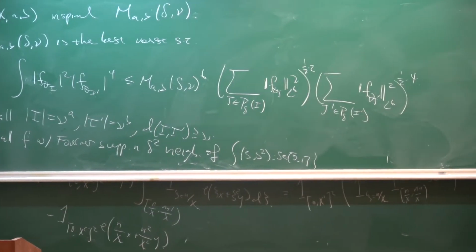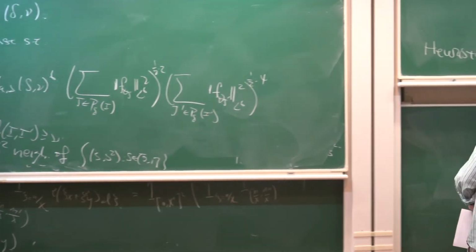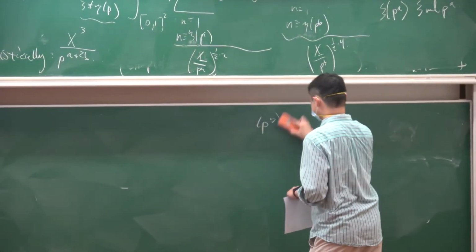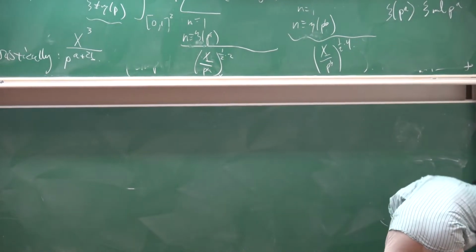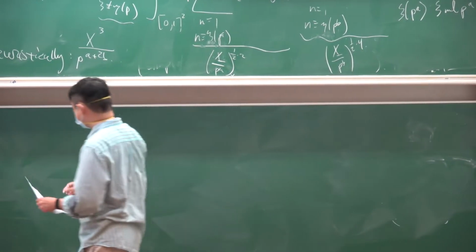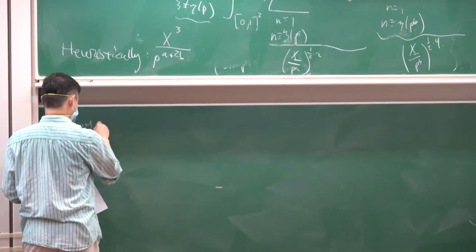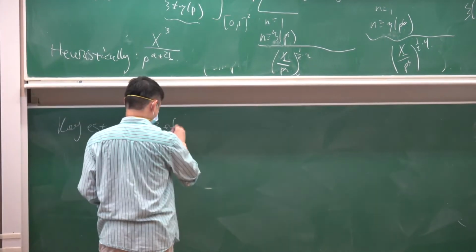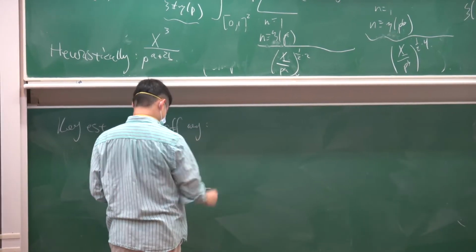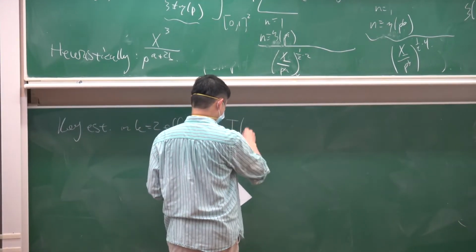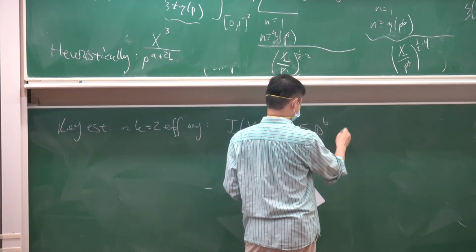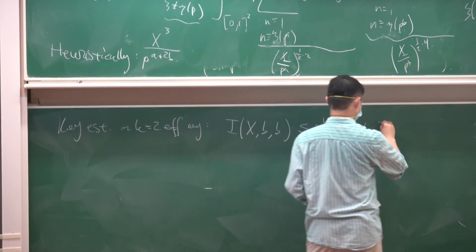So what's the key estimate in their world? Well, it will look very familiar. Oh, I shouldn't have erased that, but oh well. Key estimate in k equals 2 efficient congruencing is that I of x, b, b is less than p to the b times I of x, 2b, b.